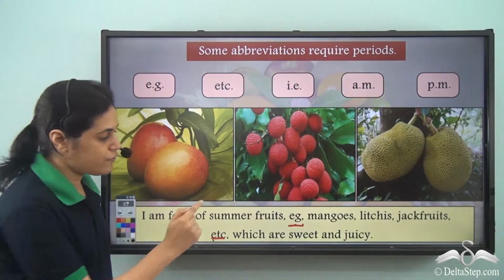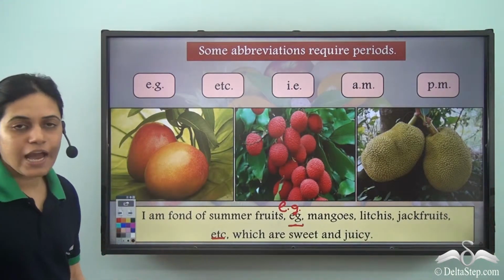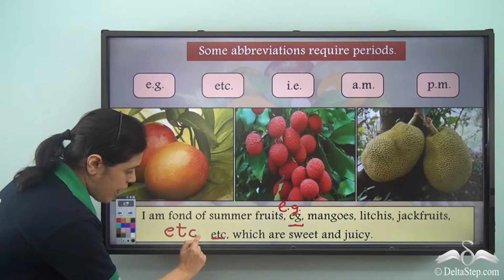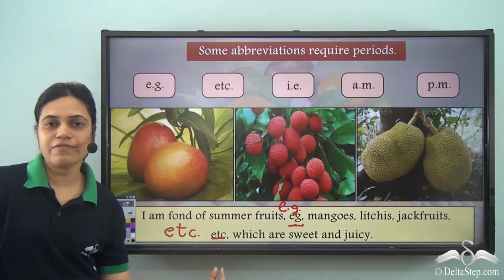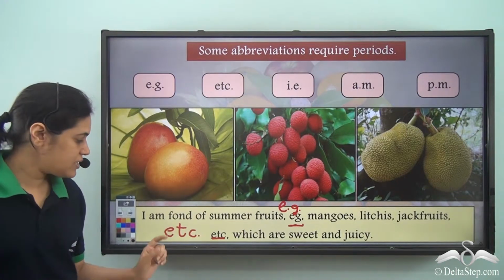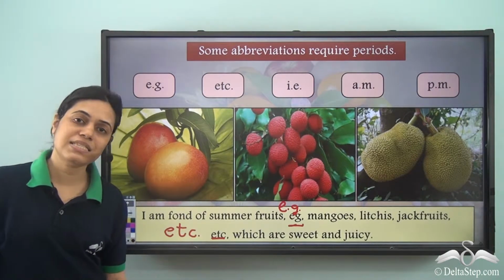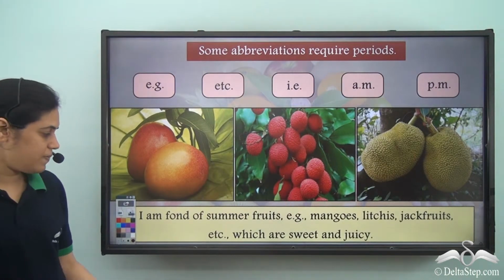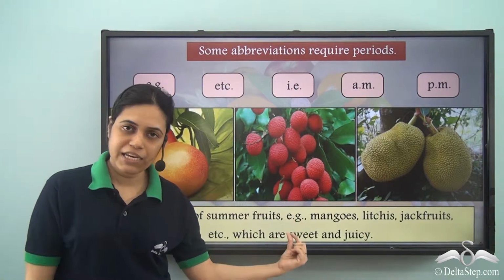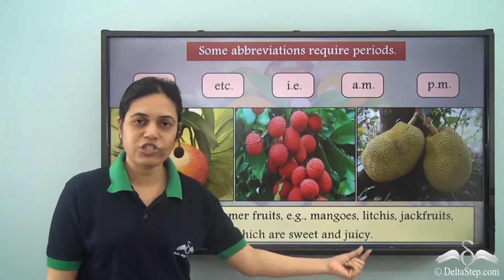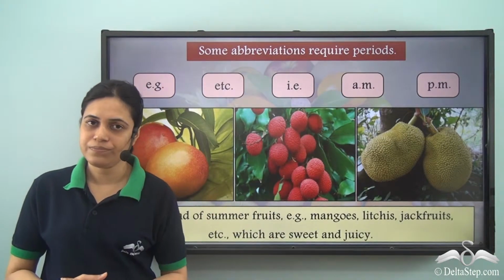So I need to use a full stop after E and G, and I also need to use a full stop after ETC. Now if you notice, I am not writing it as E full stop, T full stop, C full stop, because in ETC, a full stop is placed at the end of only C. So it becomes, I am fond of summer fruits, for example, indicated by E full stop, G full stop, mangoes, lychees, jackfruits, etc., full stop, which are sweet and juicy.